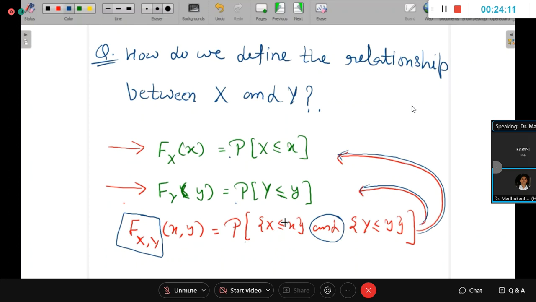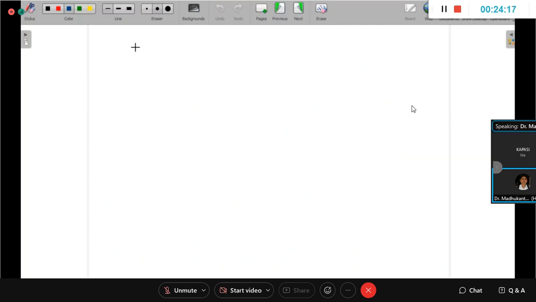How? See, x is a random variable, and y is also a random variable. Now take the case x less than or equal to x. I am taking the intersection with the sample space omega.